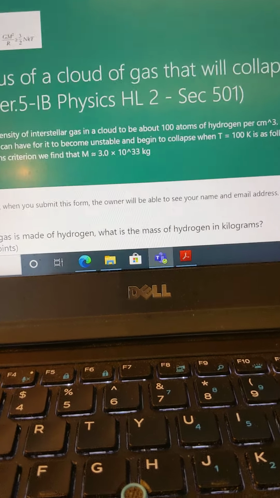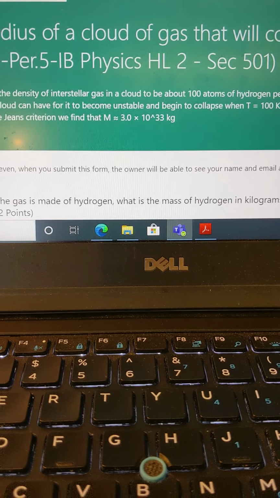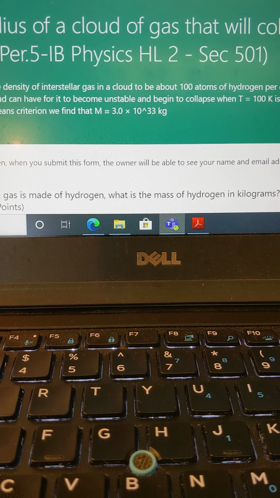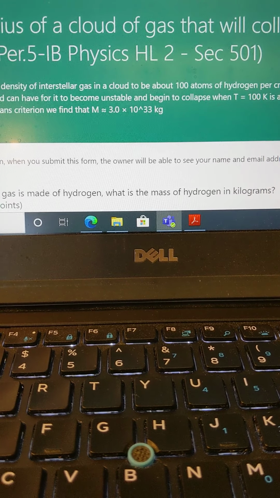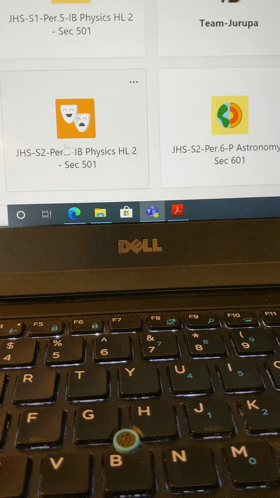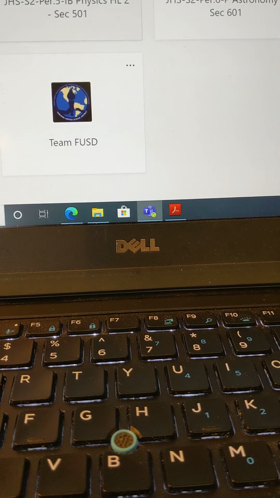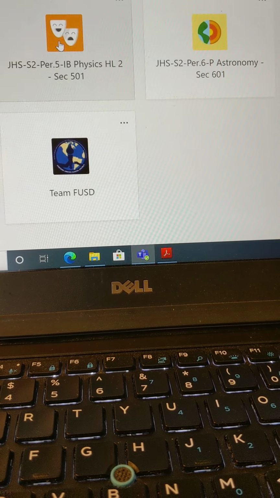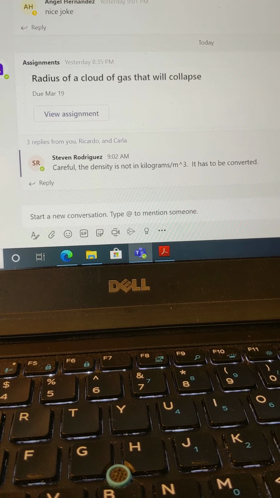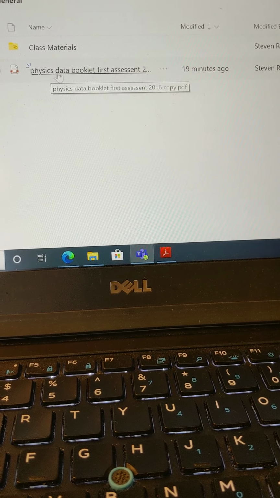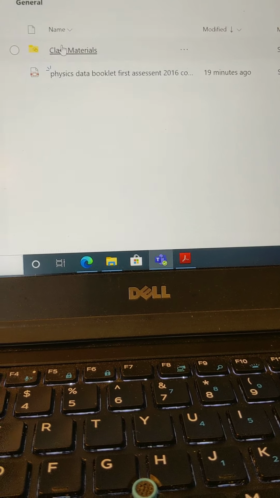Okay, if you go to the files... I've got to back it up a little bit. All right, go to files. I'm clicking on fifth period. There's the data sheet right there.